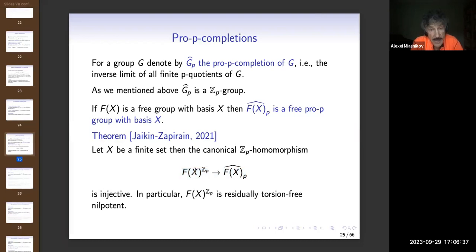So we know that F(X) embeds into here. The pro-p completion is a Z_p group, so there is an extension of the Z_p homomorphism, identical on X, from this group to its pro-p completion.